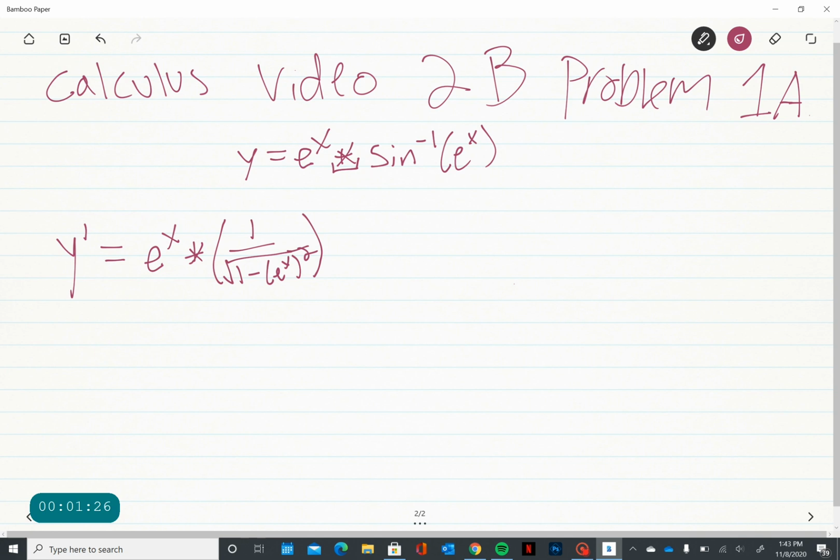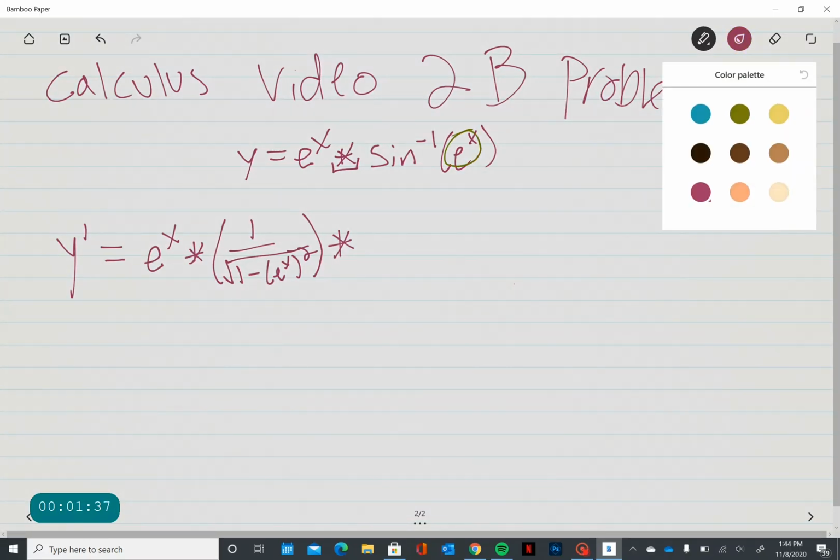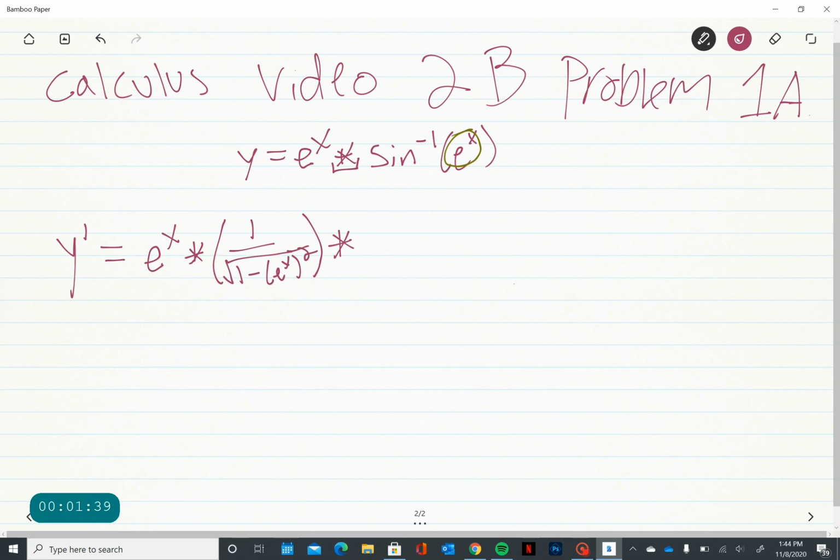But then we would have to multiply by the derivative of the inside right here, because it's not just an x, so we have to do the derivative of e to the x, which is just e to the x.